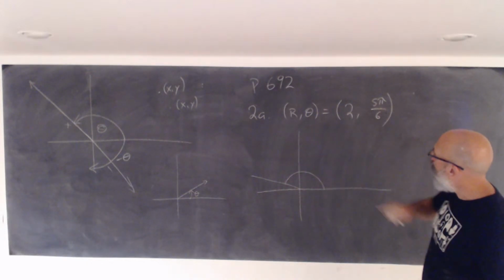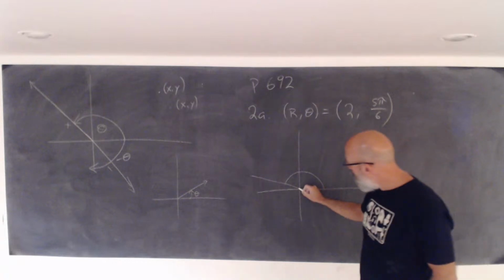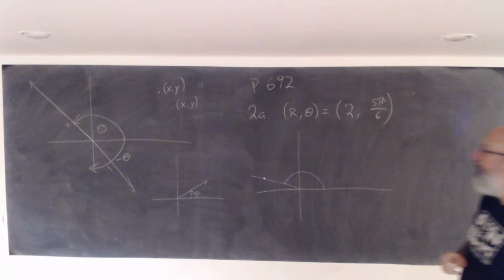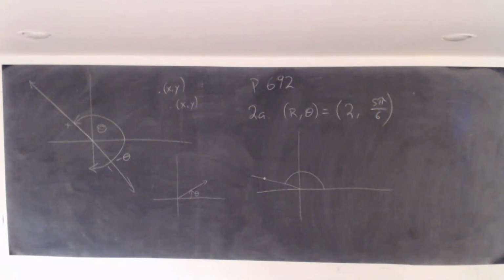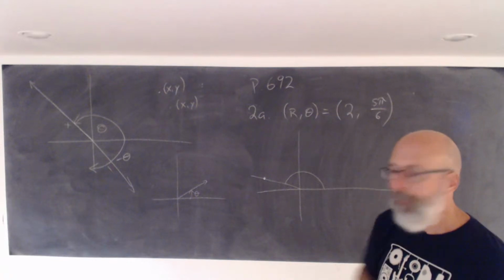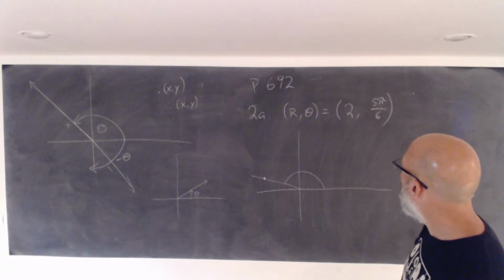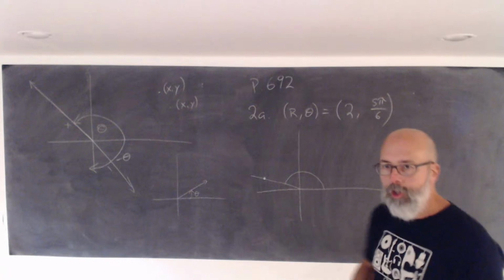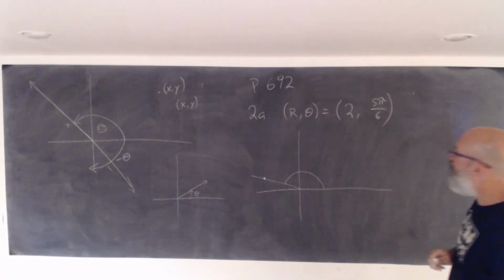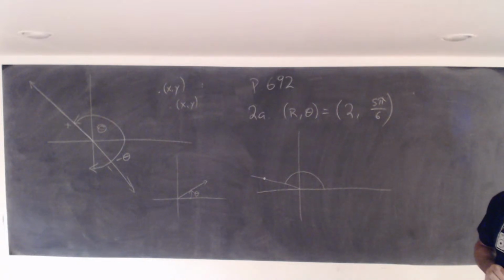So that's 5 pi over 6. And then you're going to go a distance of 2 along that ray. Right, so there's the point, r equals 2, theta equals 5 pi over 6.